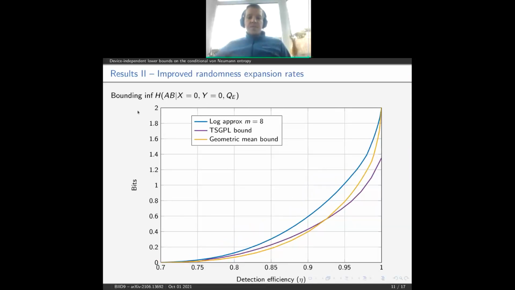And in this plot, we looked at devices with some fixed detection efficiency, and we wanted to look at the randomness generated by both the outputs. And we constrained our devices by some chosen distribution. So at each detection efficiency, we allow ourselves to pick a distribution from the set of 2-qubit distributions that maximizes the rates.